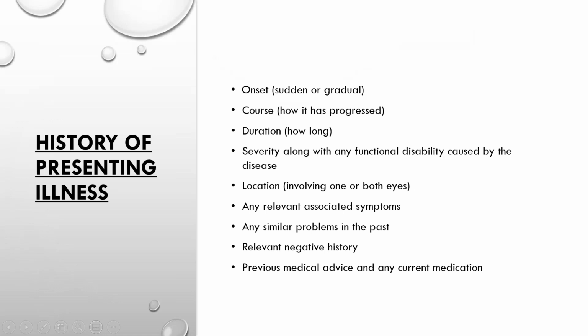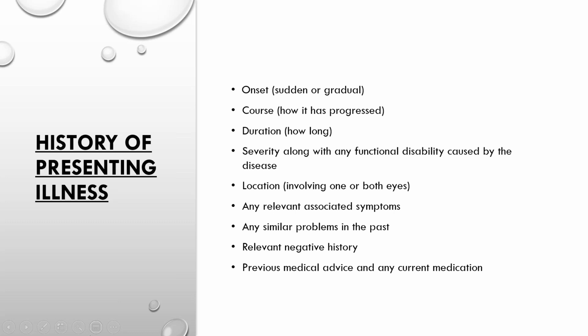Then moving on to the history of presenting illness. Now again, this basically has to be recorded in a particular order, so that there's a set of questions that you ask so that you come to a diagnosis. So you ask about the onset of symptoms, right? So whether it has presented in the last 5 days, or it has been present since 5 years, whether it suddenly appeared, or it has been present since a long time, that tells you the onset.